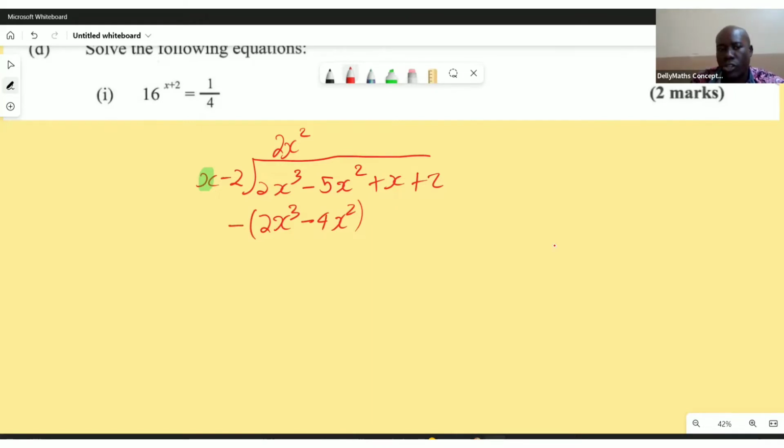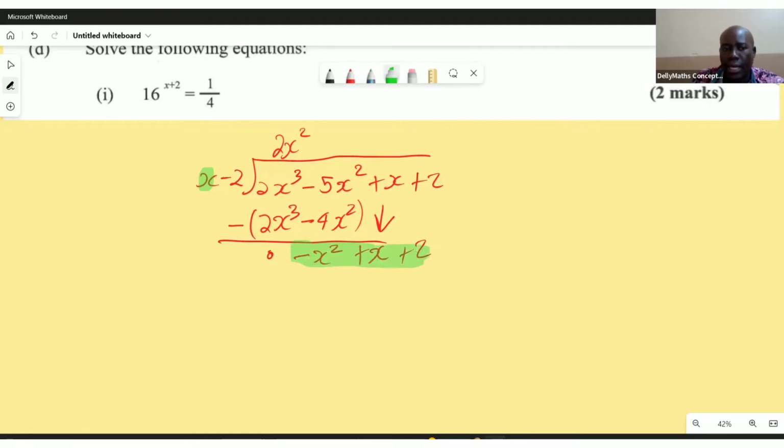So if we read 2x to the third minus 2x to the third, that part is a 0. Negative 5x squared minus negative 4x squared is going to give us a negative x squared. Then I am just going to bring down the positive x and the positive 2. So this is the line that I'm going to be using now as I divide through one more time.